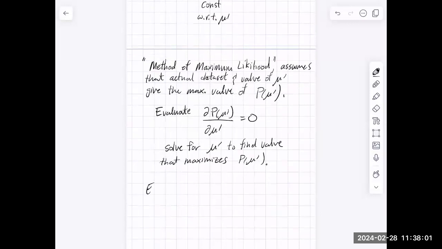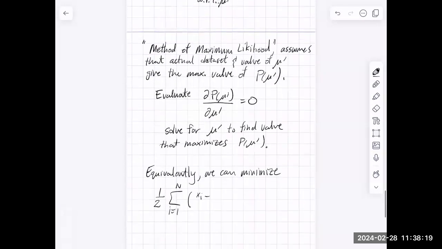So equivalently, we can minimize the quantity 1/2 sum i equals 1 to n of (xi minus mu prime) over sigma squared in the exponential to maximize p of mu prime.